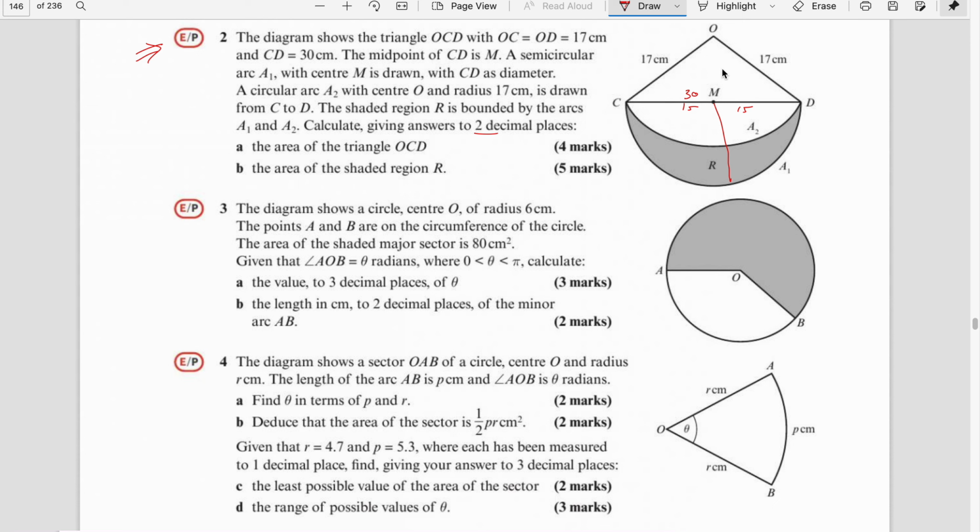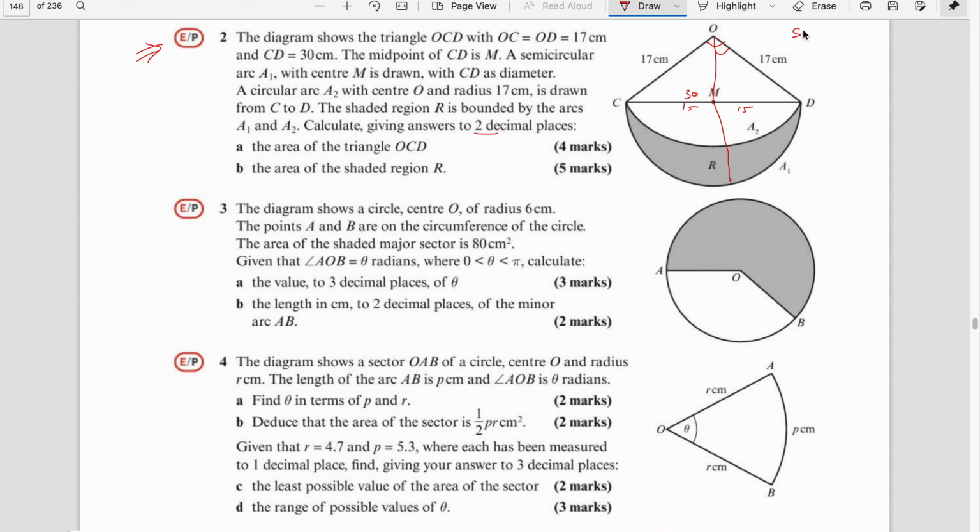So let me first find this angle, and there are two ways we can do this. Either we use the cos rule, or I can just split it into two and use the 17 and 15 and find this angle and then double it.